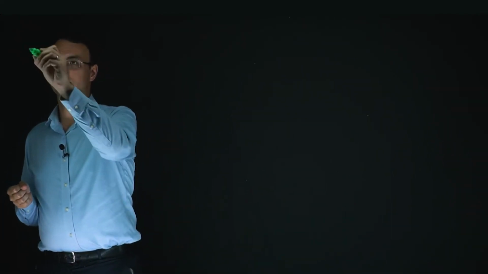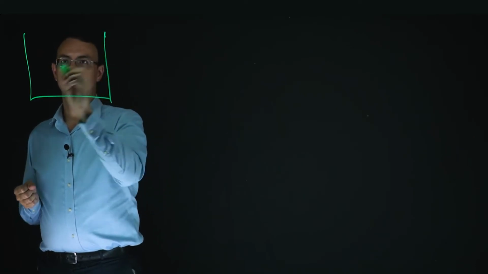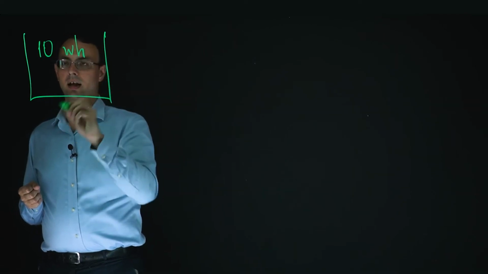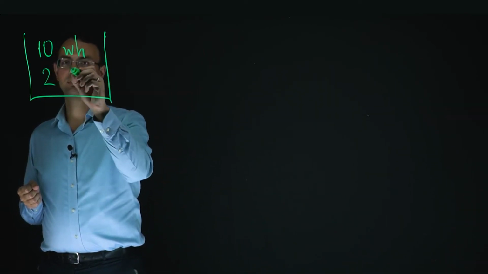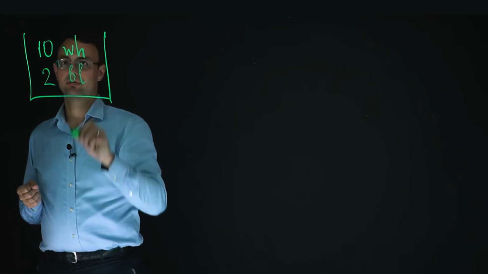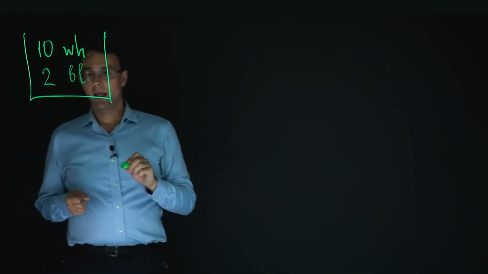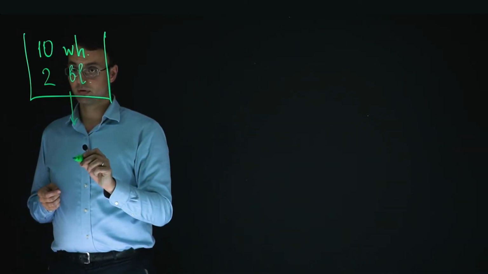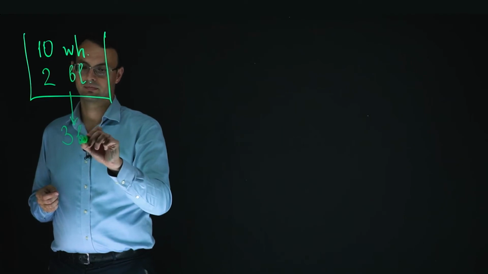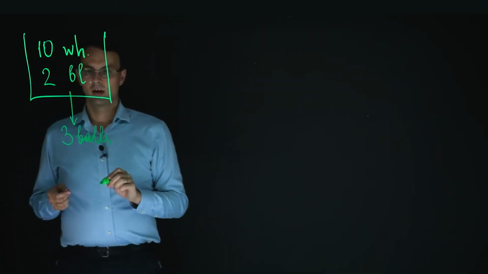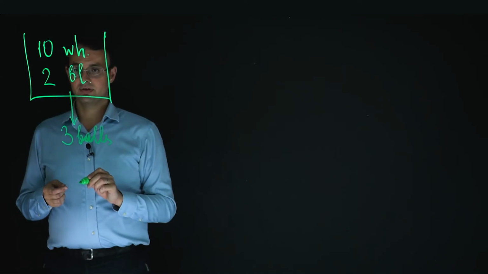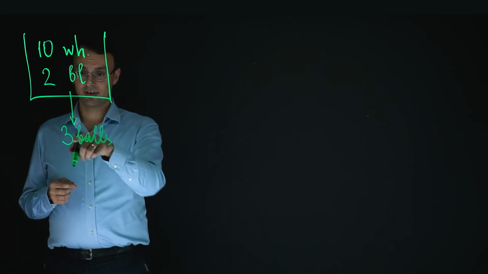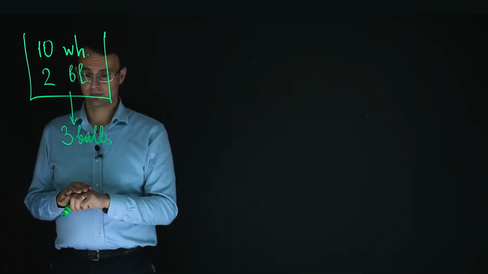Let's say that there is a box and there are 10 white and 2 black balls here, and I choose 3 balls at random, and I am interested in the number of black balls in these 3 I have chosen.